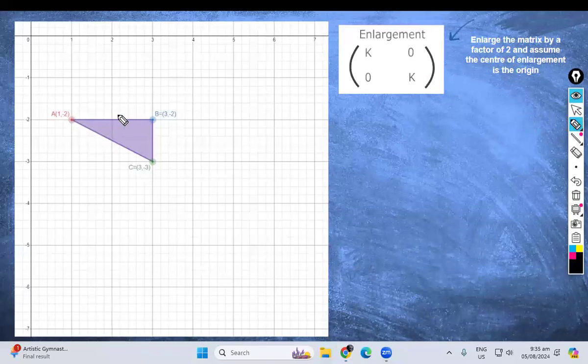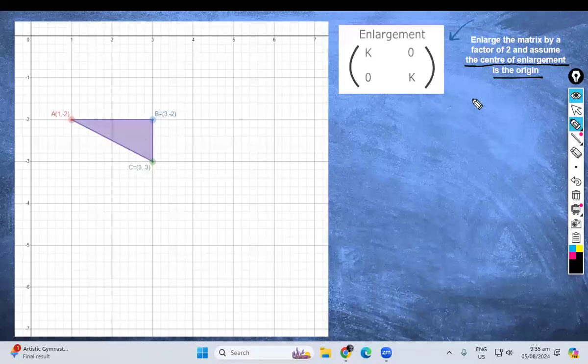We want to take this triangle and enlarge it by a factor of 2. That means we want to make this triangle 3 times larger. Now, look at the other piece of instructions. They want us to assume the center of enlargement is the origin.